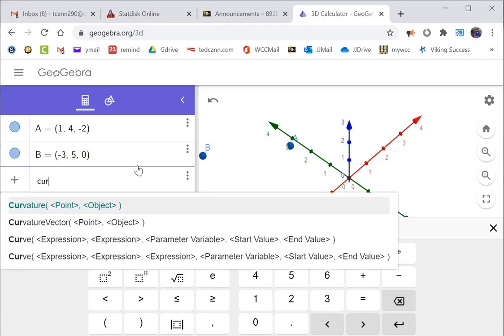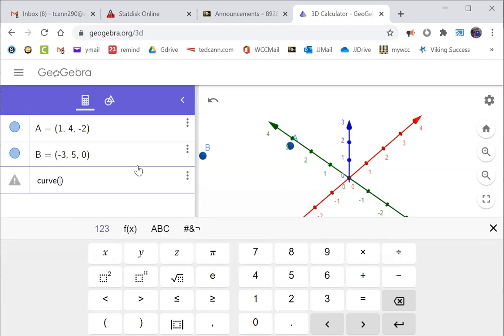All right, so to get a parametric curve, no matter whether it's 2 space, 3 space, or 10 space, it's the function Curve. It's (1 minus 4t, 4 plus t, negative 2 plus 2t).